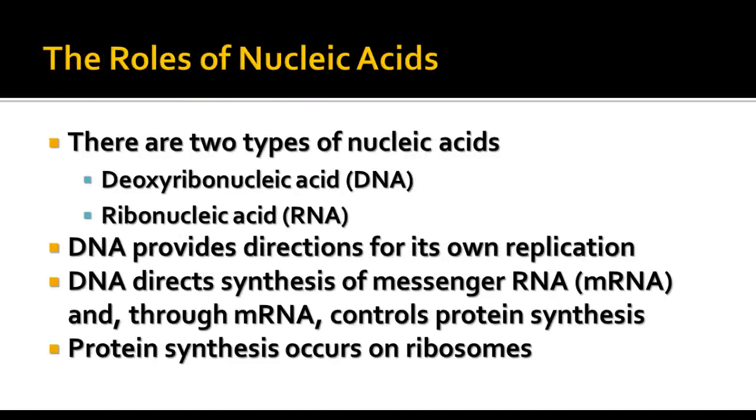Two types of nucleic acids, deoxyribonucleic acid or DNA and ribonucleic acid or RNA. DNA is a self-replicating molecule, and it directs the synthesis of the various kinds of RNA, including messenger RNA, of course, and then through messenger RNA, it controls the synthesis of proteins, which occurs on the ribosomes, which are also made of RNA.